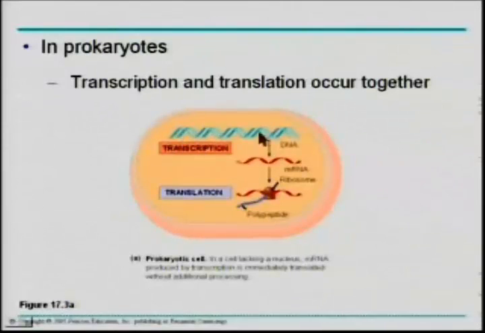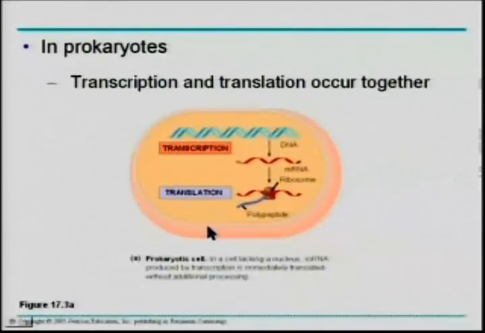Here we see the DNA being transcribed to mRNA, and the ribosome is attaching to it and producing the polypeptide according to the genetic code in the sequence, and the translation is occurring. We'll see another illustration of this that actually is actual evidence of the coupling of transcription and translation in prokaryotes.